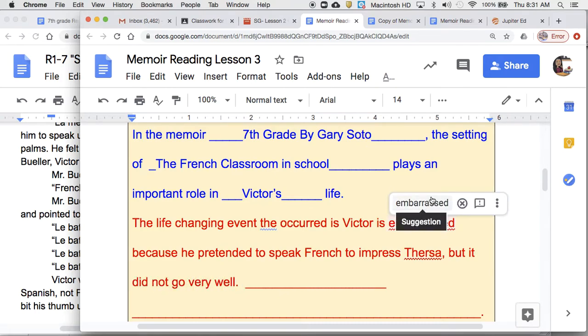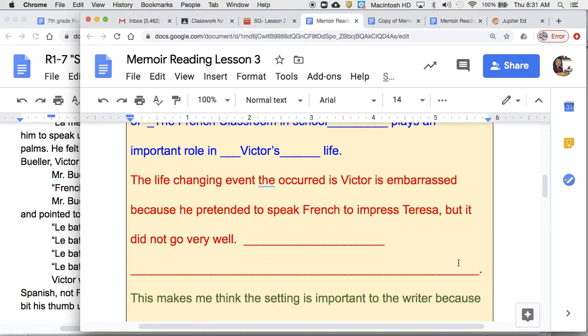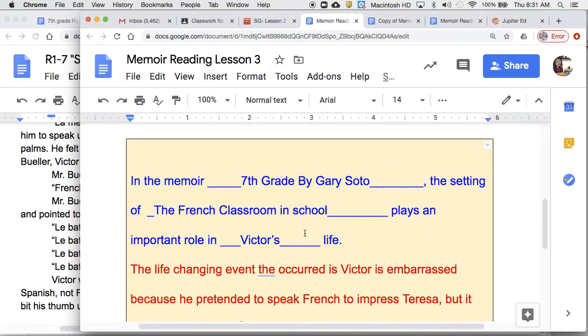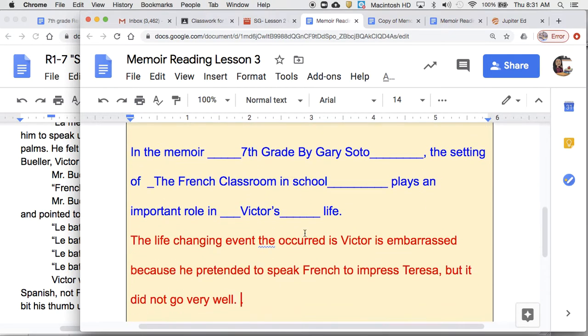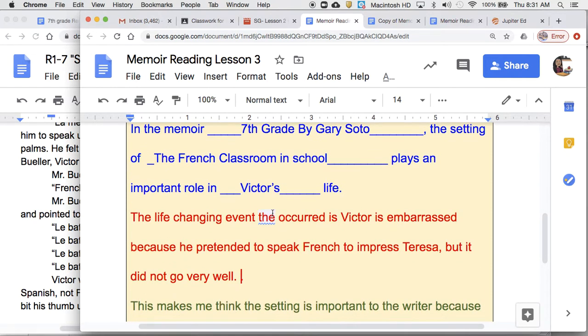I'm going to fix my spelling here. Okay. So let me read it. In the memoir 7th grade by Gary Soto, the setting of the French classroom in school plays an important role in Victor's life. The life-changing event that occurred is Victor's embarrassed because he pretended to speak French to impress Teresa, but it did not go very well.